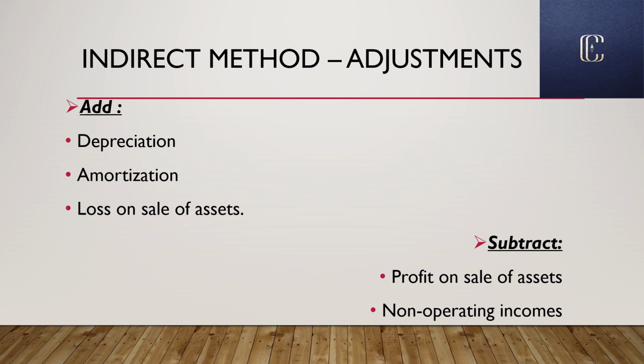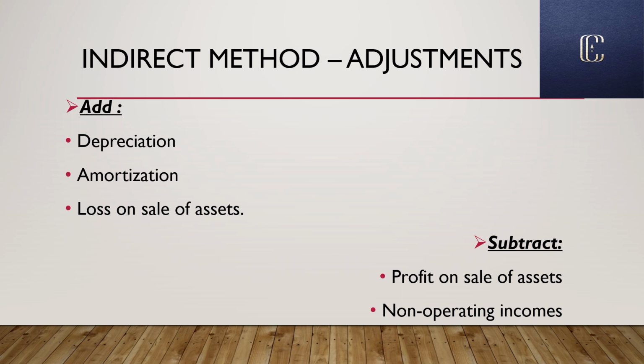Step one is add back non-cash expenses. Some expenses reduce accounting profit but do not involve actual cash outflow. Since no cash actually left the business, we add them back. The first one is depreciation. Depreciation is the reduction in asset value over time.